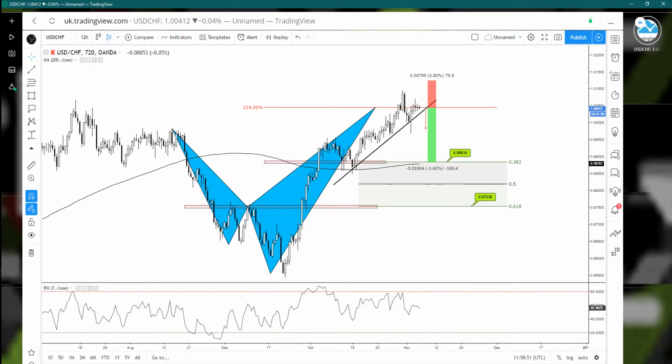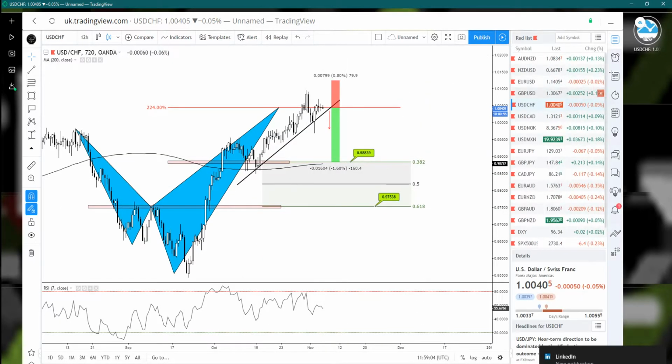So this is dollar versus CHF, which can be invalidated if the market decides to trade higher. Obviously, it's printed a decent trade over there.